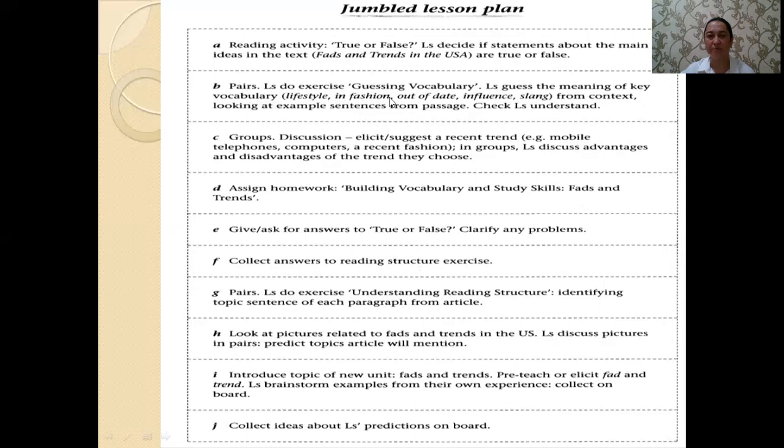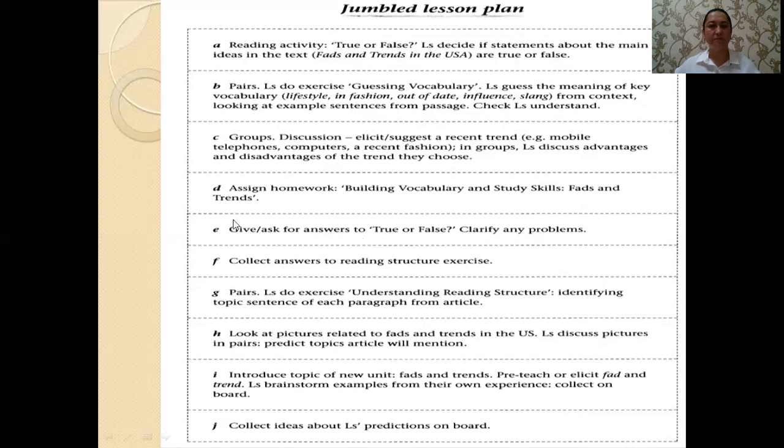This is for practice part, guessing vocabulary. Listeners guess the meaning of the given vocabulary, lifestyle, in fashion, out of date, influence, length, from context, looking at example sentences from passage. So after B, let's move to C, give, ask for answers.